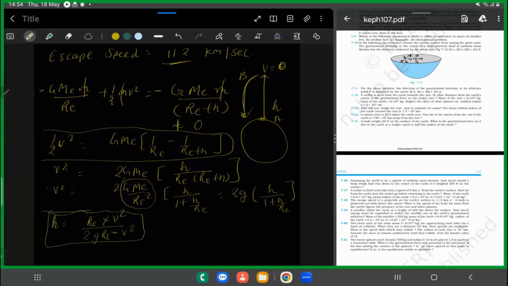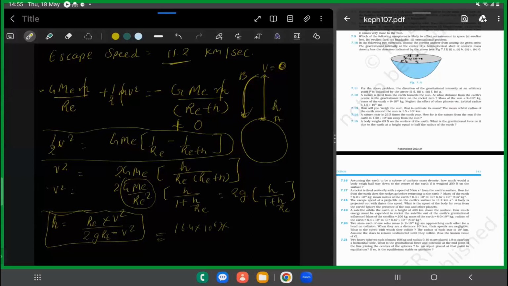So if we put in the values, because all the values are given in the question, v is the velocity, which is given as 5 kilometers per second.